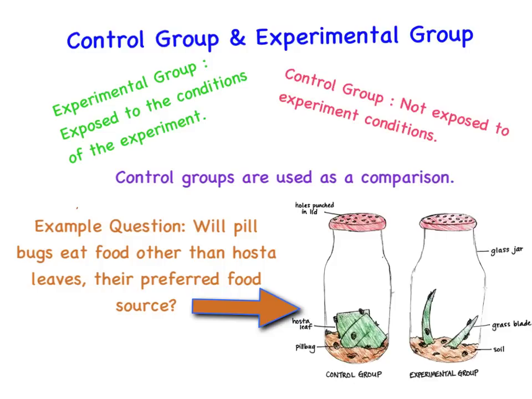So you would observe this experiment, and you would collect your data, and you can compare how much grass is left to how much of the hosta leaves are left to see if the pill bugs will actually eat the grass blades if they had to. Okay, so that's just an example. But we'll do more examples in class tomorrow.